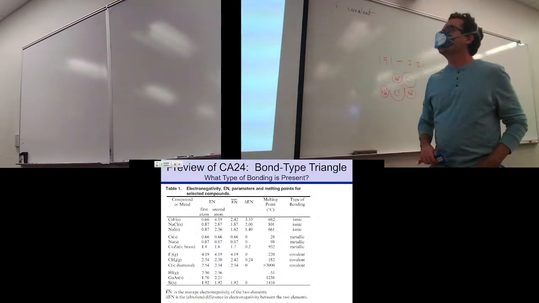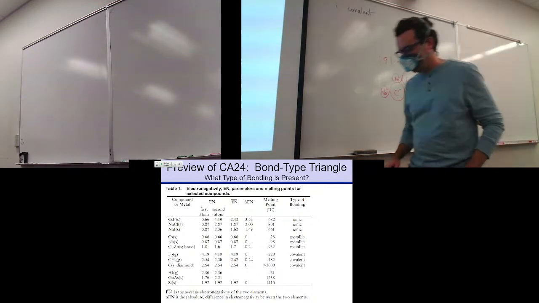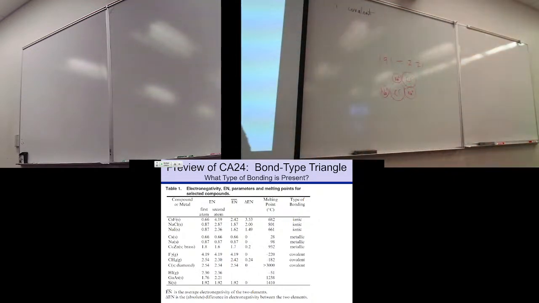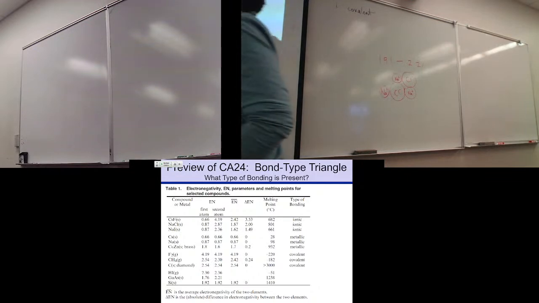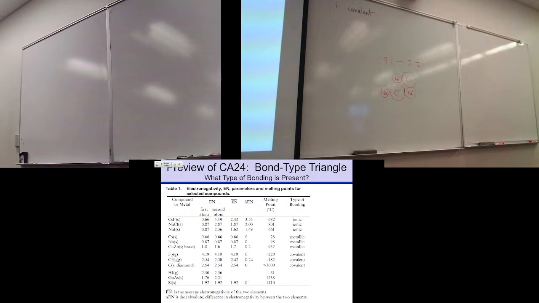All right. Now, we're going to go through Chem Activity 24, and it starts off with this table, that is not quite filled. So notice that it has the electronegativity of the two different atoms that are involved in a compound. If it's a metal, it's just going to take the electronegativity of two different cesiums, for instance.